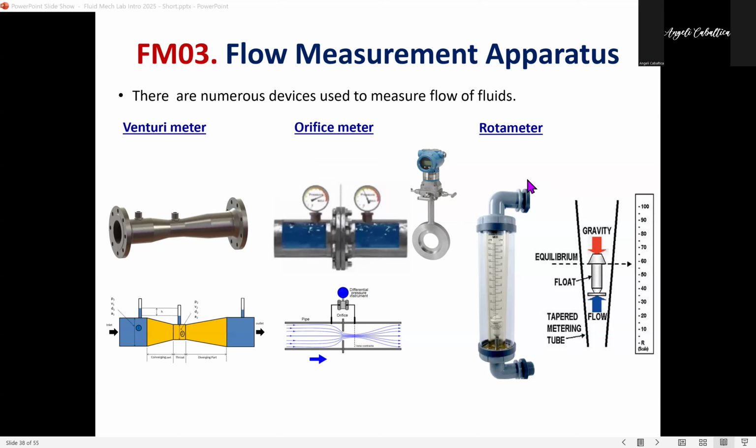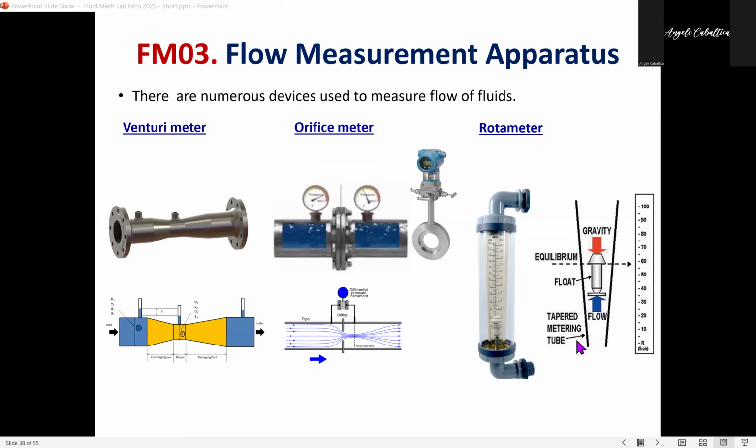And the other one is called a rotameter. So a rotameter has this cylinder here, and it's tapered. And when I say tapered, it means that the cross-sectional area increases as you go higher. So here in the bottom, the cross-sectional area of the pipe is smaller, and here it's bigger.